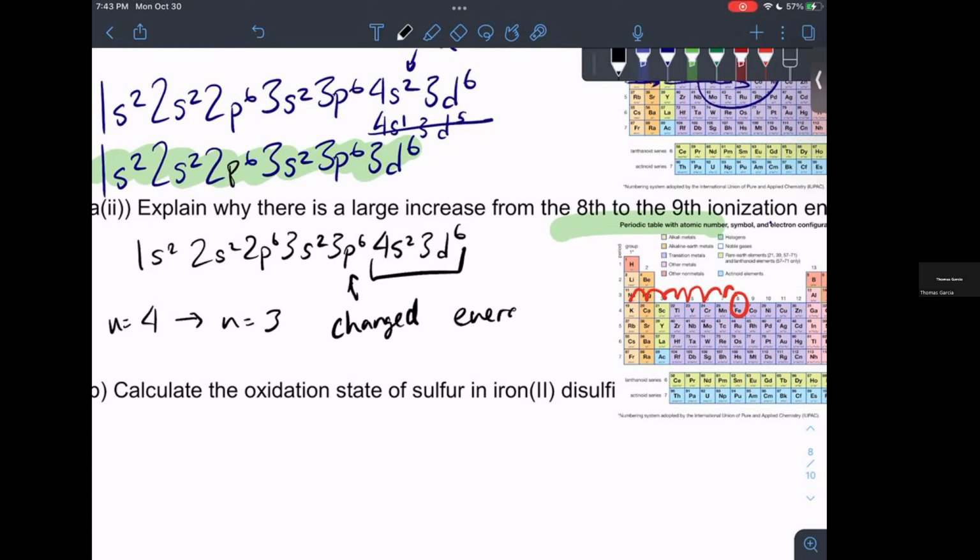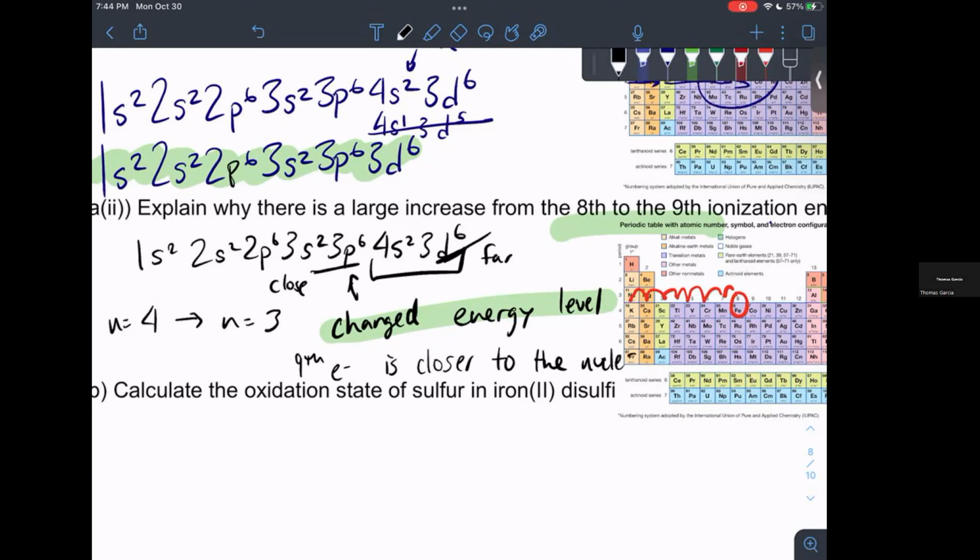Another way to look at it, and I think honestly an easier way, by the way, saying changed energy level will get you the mark, but I think the easier way is saying that these electrons are very close to the nucleus, while these electrons are very far. And basically you can say that the 9th electron is closer to the nucleus.